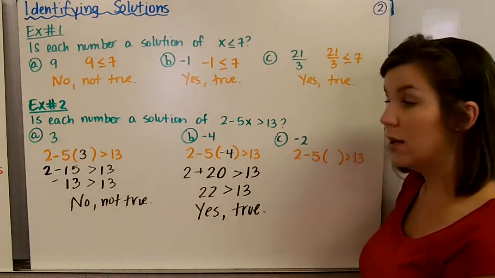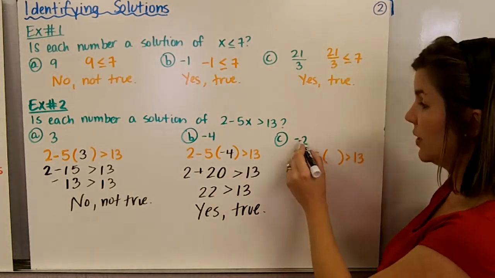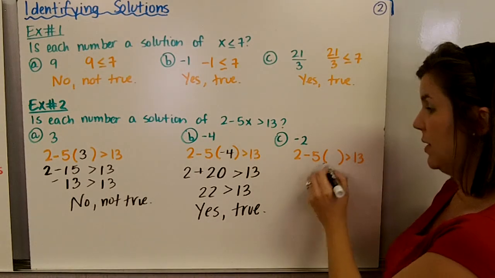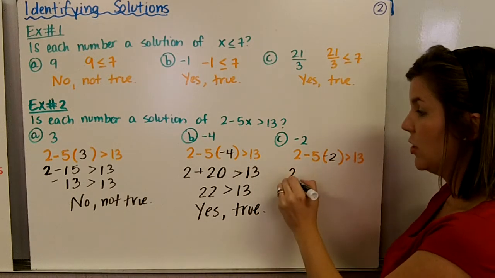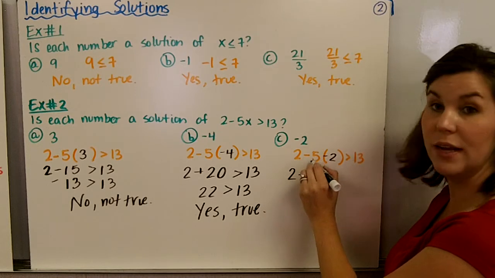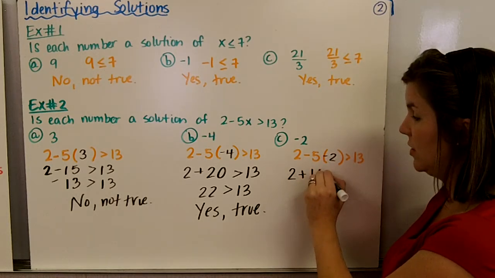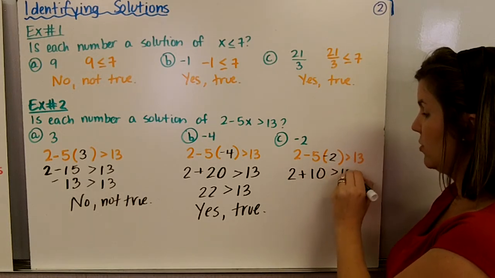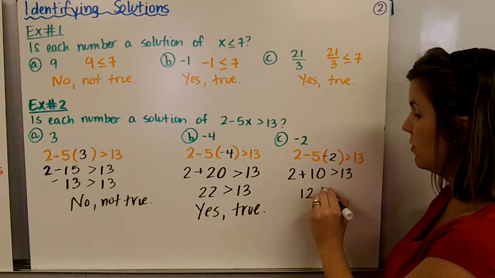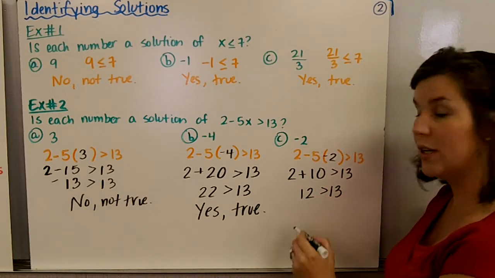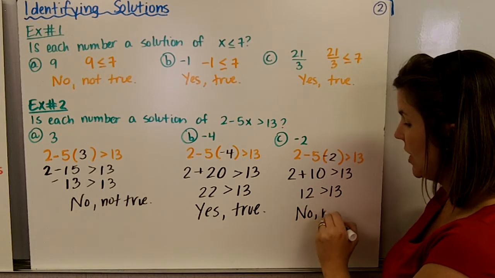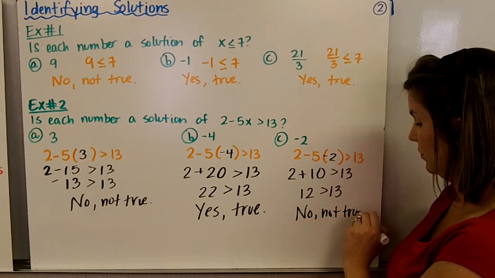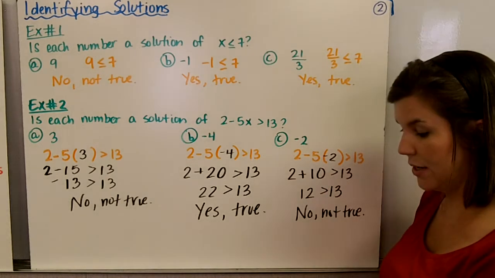So -4 is a solution. Plug in -2 where x was. 2 minus 5 times -2 is 10, so 2 plus 10 is greater than 13. 2 plus 10 is 12. Is 12 greater than 13? No. This is not true. So -2 is not a solution.